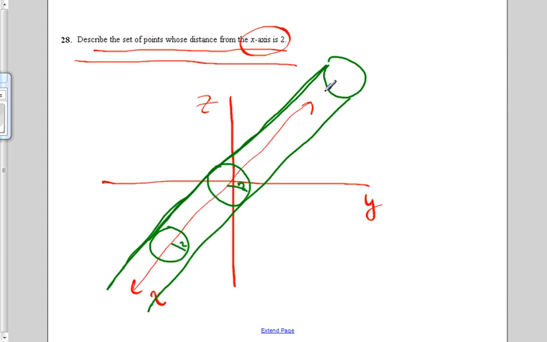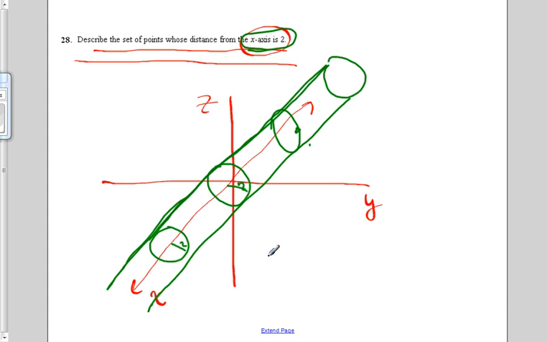And that way, every single point, just in the y, just in the z, at any point on the cylinder for any value of x, independent of x, we're going to be 2 away from the x-axis. So what does that mean? What that means is that our equation will ignore x because x can be anything.